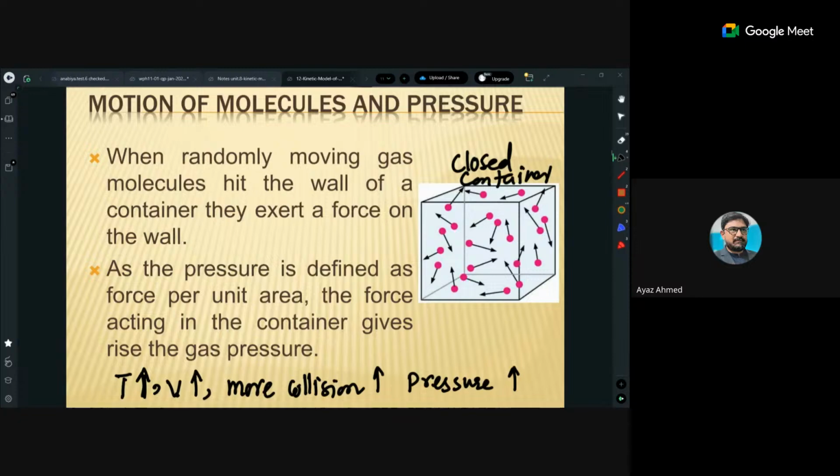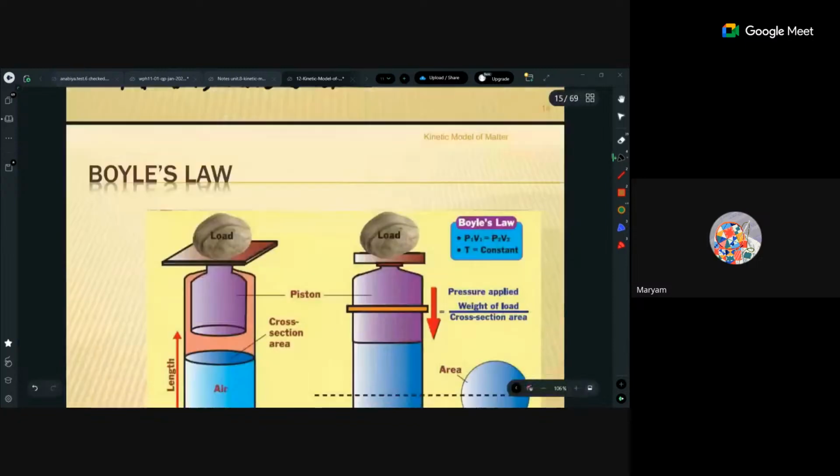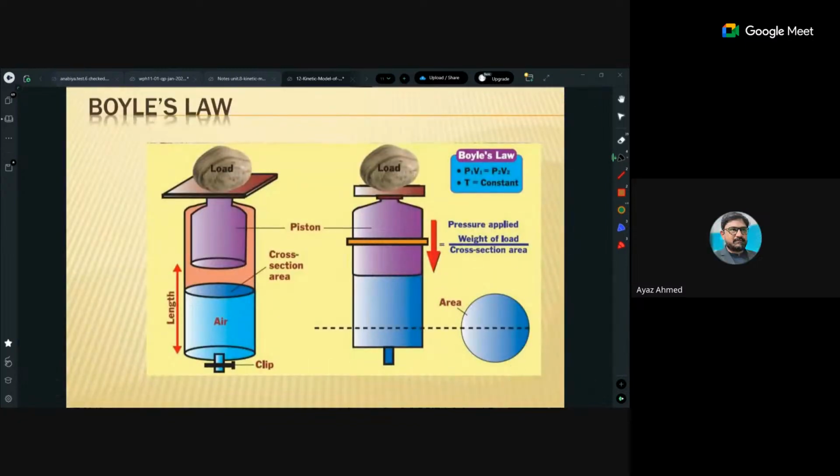So I will talk about how pressure is dependent, or how pressure is varying with volume. Okay, that was basically for temperature. That's why I did not consider that area. Clear? Okay, but it is more concentration, right? Exactly. This is your question. Check this one.